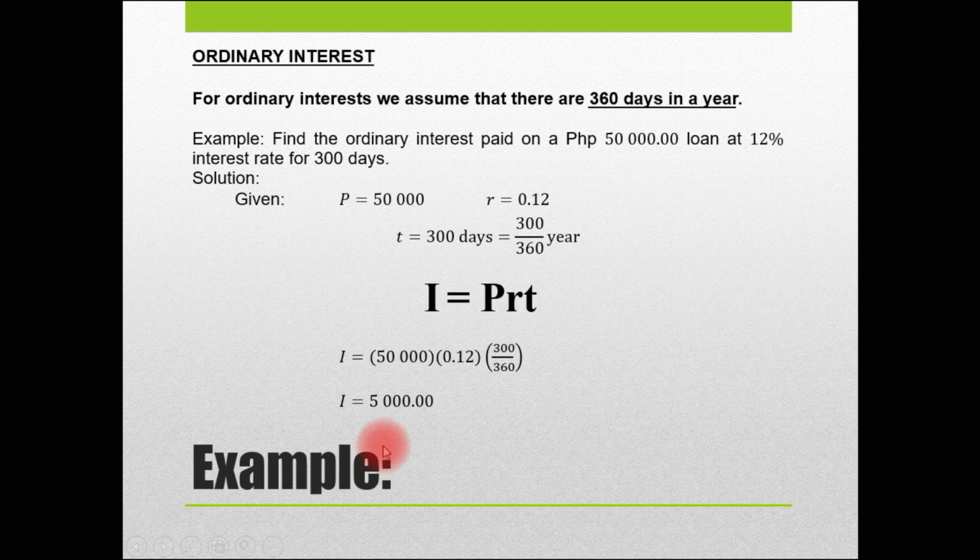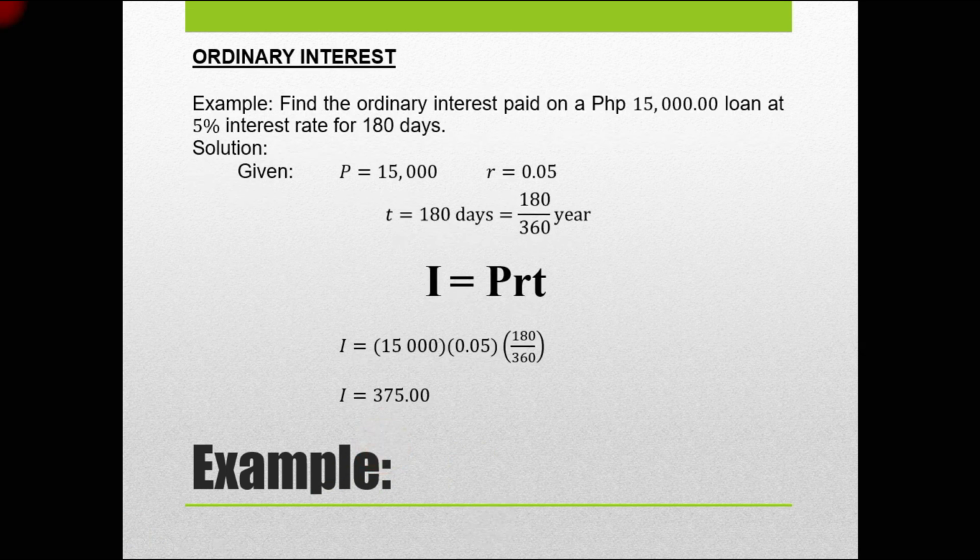Another example, ordinary interest pa rin. Find the ordinary interest paid on a 15,000 pesos loan at 5% interest rate for 180 days. And for solution, again, unahin natin kunin ang given. So, the principal given is 15,000. For rate, we have 5% or 0.05. Paano naging 0.05 ito? That's 5 over 100 or 5 divided by 100.